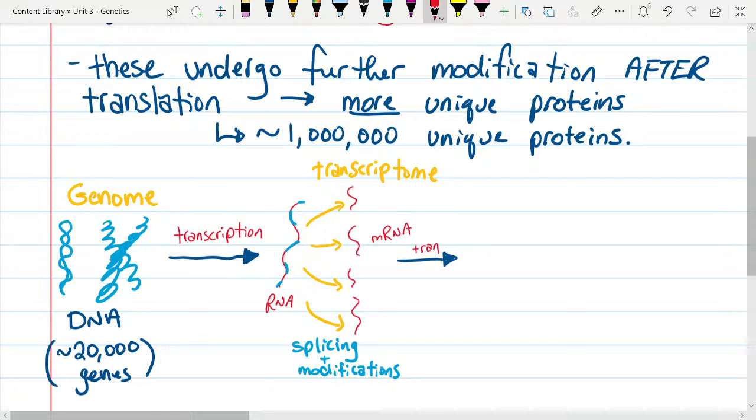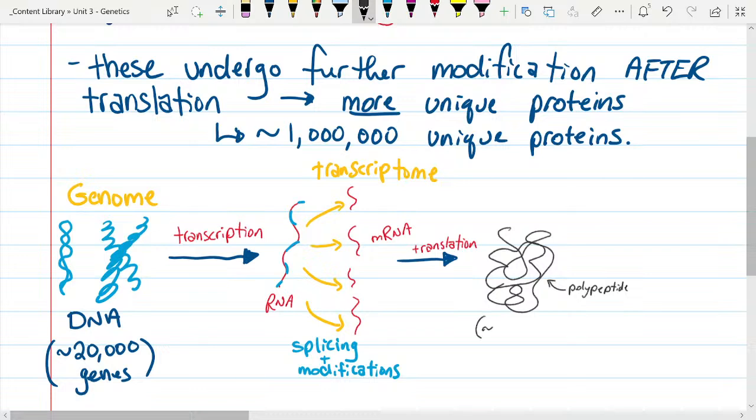Good. And when it undergoes translation, what do we get? We get a big polypeptide, right? So here it is. That is a polypeptide. And we have roughly 80,000 possible polypeptides.